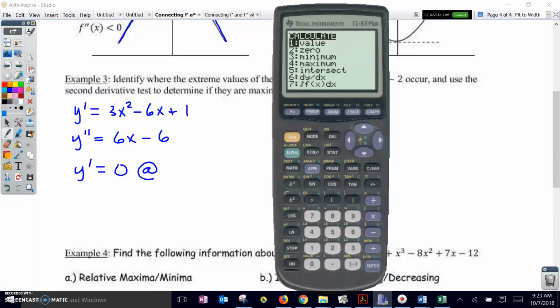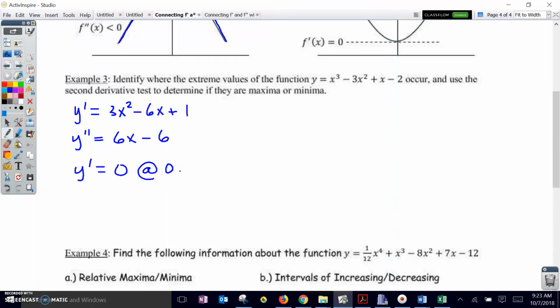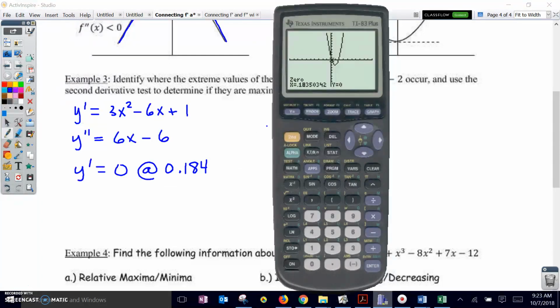I can use my zero command, and we find that the first one happens at 0.184. Okay, and the second one happens at 1.816.